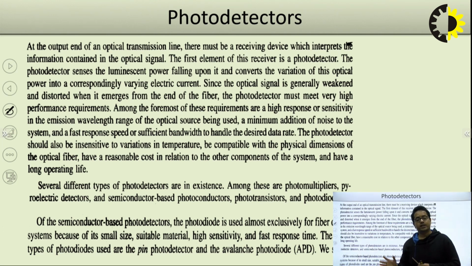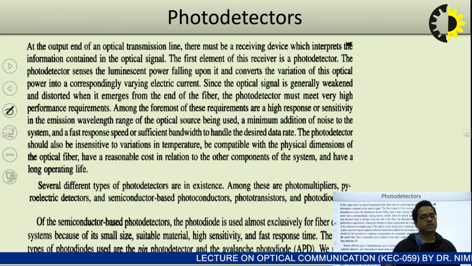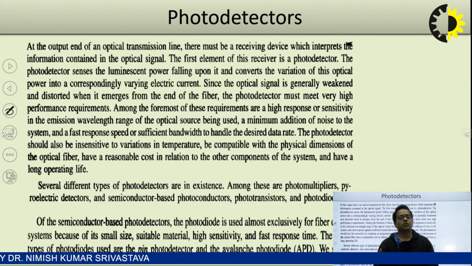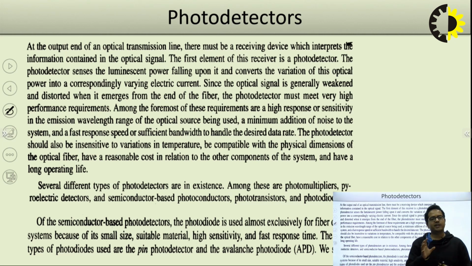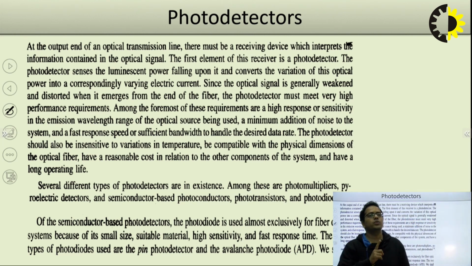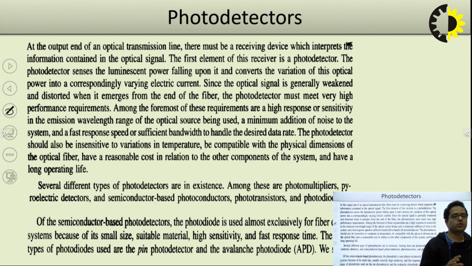Once you have transmitted the signal, generated photons or optical signals, and passed it through a transmission medium, then on the receiver side we also need to detect back the original electrical signal from the photons. That device is called a photodetector, which converts the optical signal back into its equivalent electrical strength.